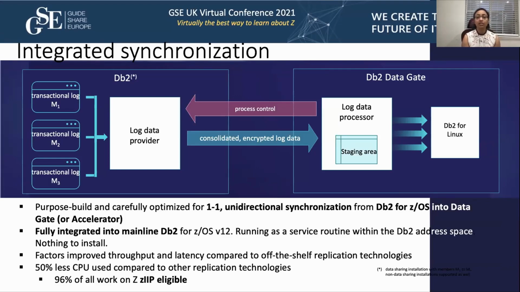The log data processor, which is now on the right side of the image, is built into DataGate and follows the same life cycle as DataGate itself. There's again no additional install or update required for this component, since the install and update of DataGate itself would take care of maintaining it at the right level.